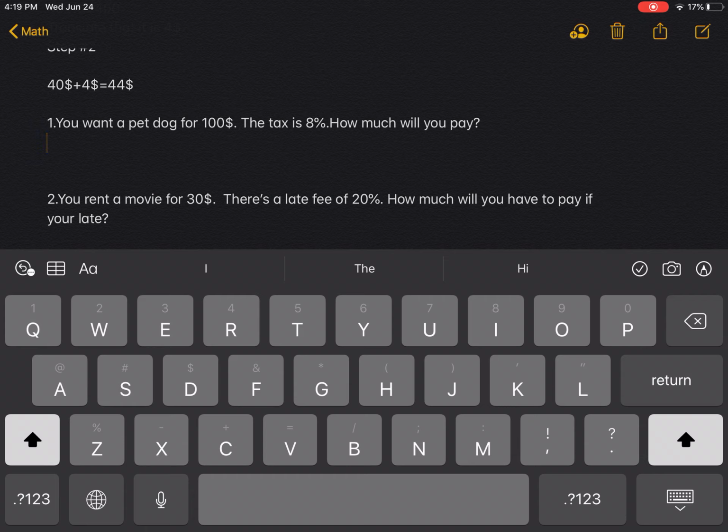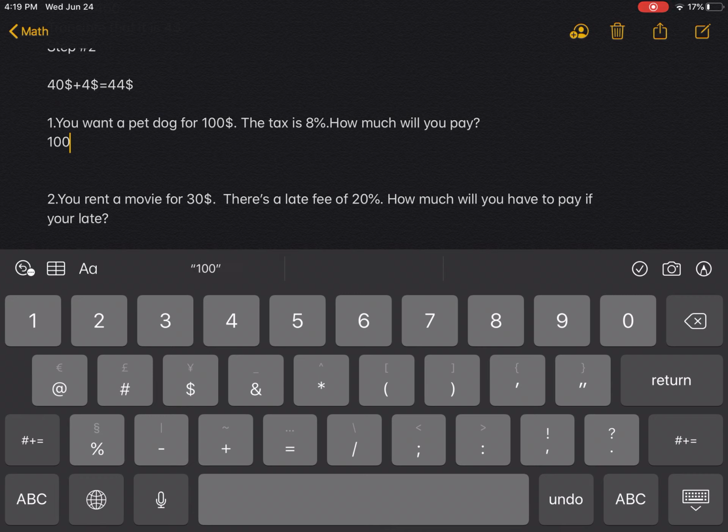Okay, so have you figured them out yet? Okay, so let's go over problem number 1. First you do 100 divided by 100. We all know that equals $1 because we were referencing dollars right now, okay?